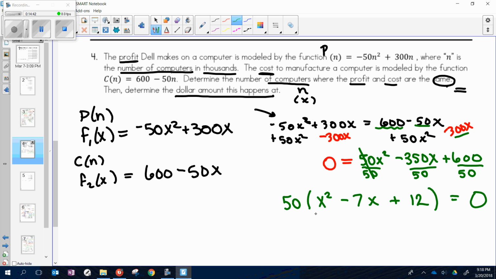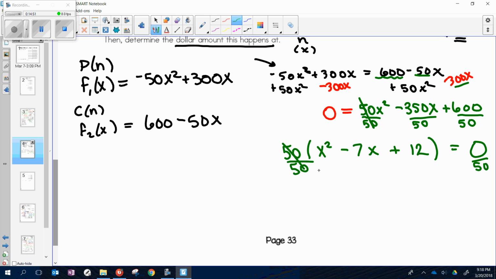The 50 that I just pulled out, I could divide away on both sides and not affect the 0, because 0 divided by 50 is still 0. So really I'm just focused on factoring what's left. So this is like a factor completely question from Unit 6. I had to take the GCF out and I keep factoring. 12. I could use 4 and 3.